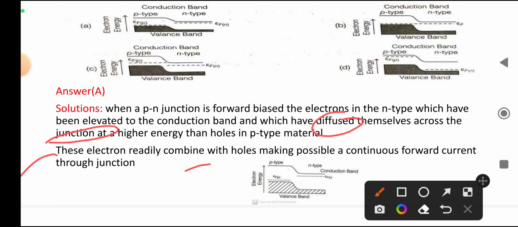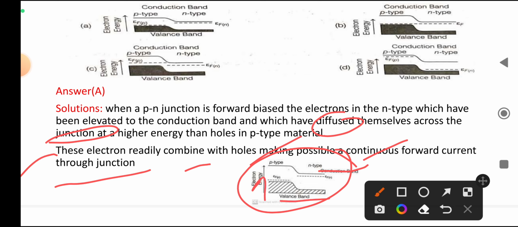So they are ready to combine with holes, making possible a continuous forward current through the junction. So that means the answer is here. The conduction band is very near here and here is the valence band. As we move upward in energy, more electrons are present here and fewer electrons here. So the answer is A.